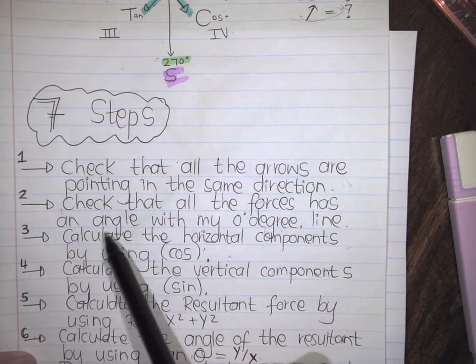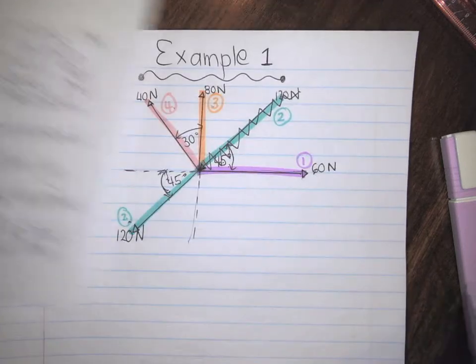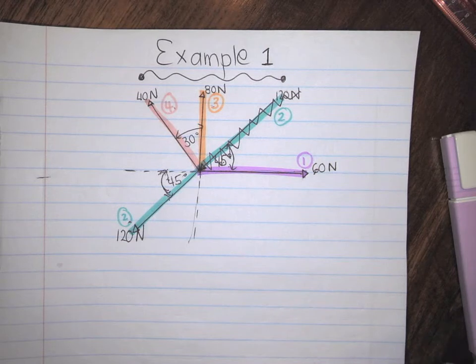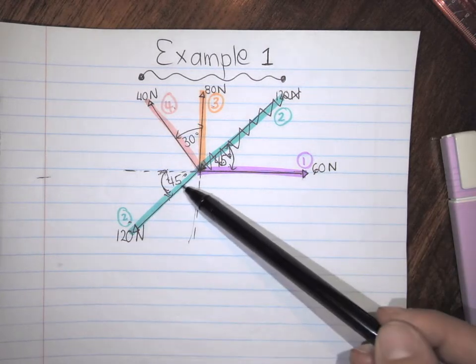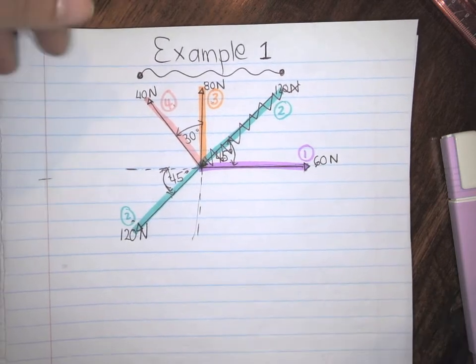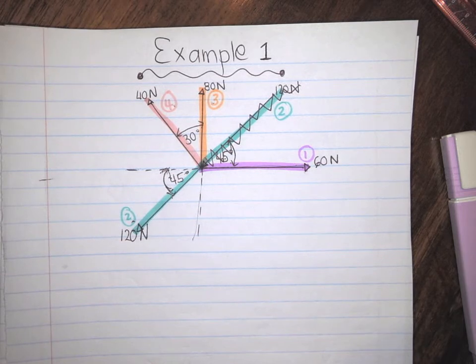Step number 2 says check that all of the forces have an angle with the 0 degree line. So you guys know that when I started explaining these calculations to you, we always use the angles to the horizontal plane. And then you had to go and check which of them were positive and which of them were negative. Now, you can still use that method if you understand it completely fine.